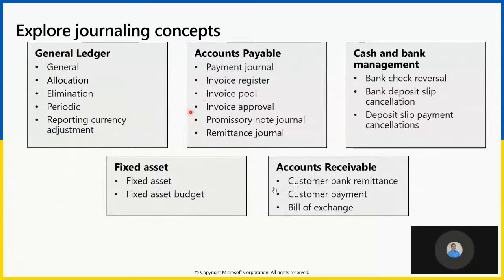Then I come back to journal setup, journal names. I'll pick a general journal for instance. This I want to be able to post my daily journal. Say for instance I want to move payment from one GL account to another, I can use the general journal.